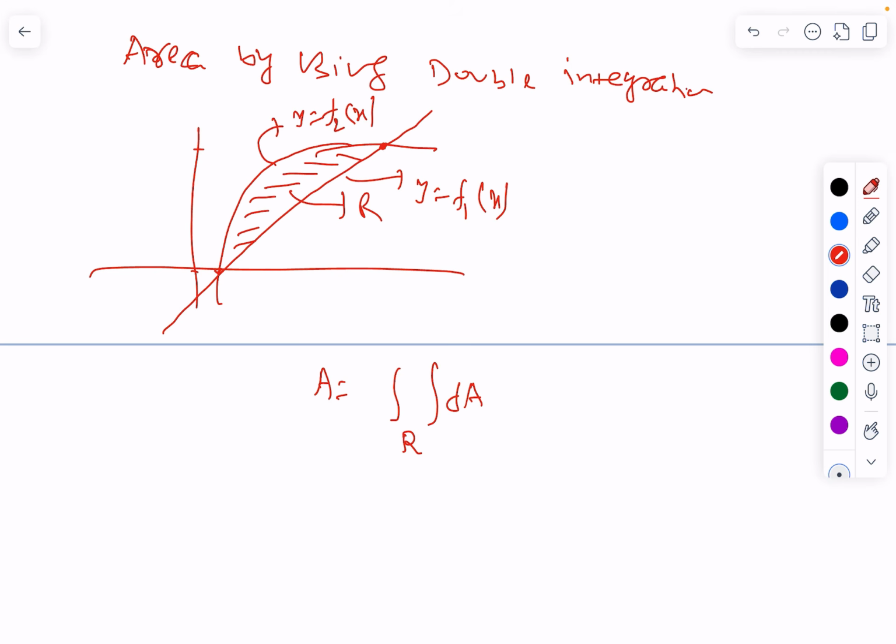So suppose in this case you may have y equal to f1(x) to f2(x), x equal to some a to b, and dy dx.